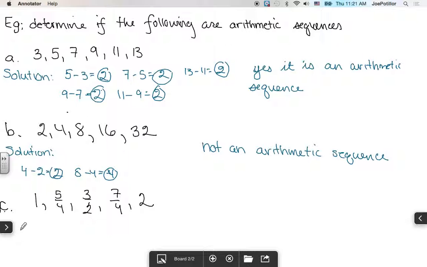The last one, you already know. 5/4 minus 1/4 is 1/4. 3/2 minus 5/4 is also 1/4.